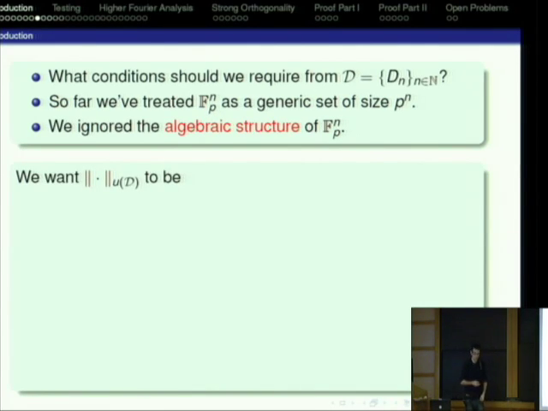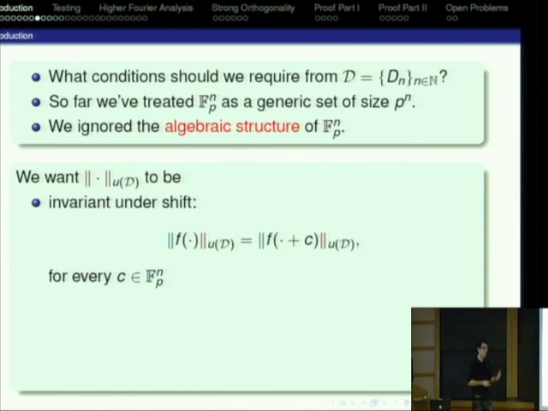So what conditions should we require from this norm? We want it to be invariant under invertible affine transformations. So if you pick any c in F_p^n and any function f, if you shift the function by that c, we don't want this norm to change.